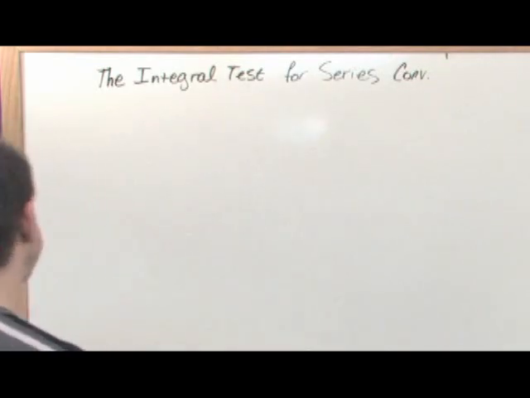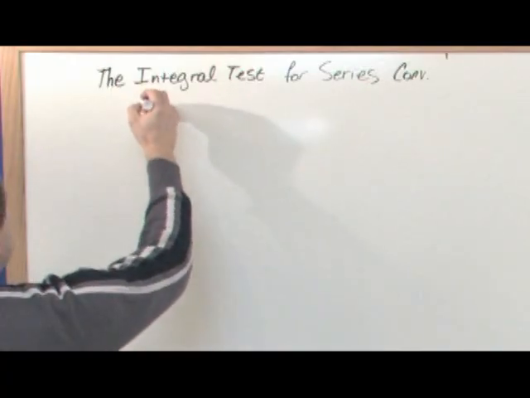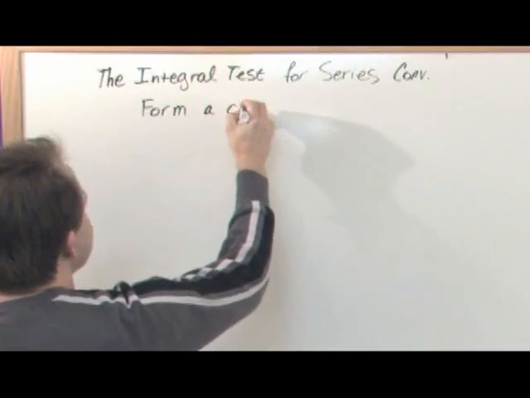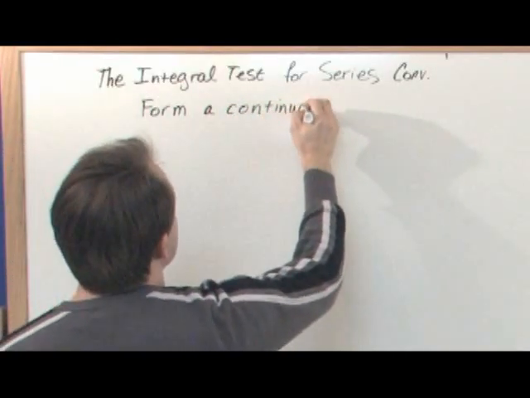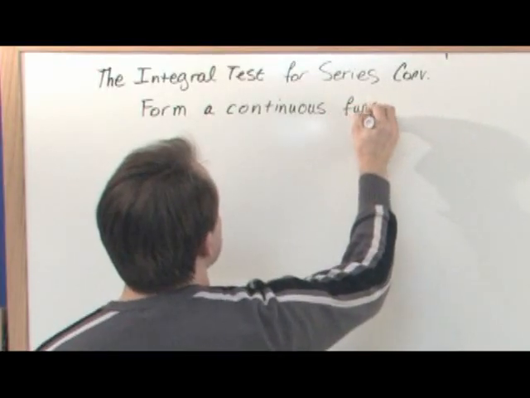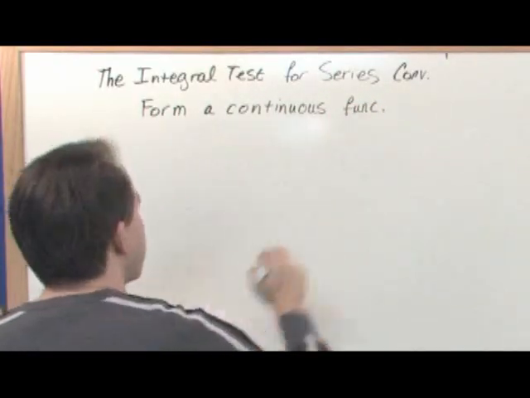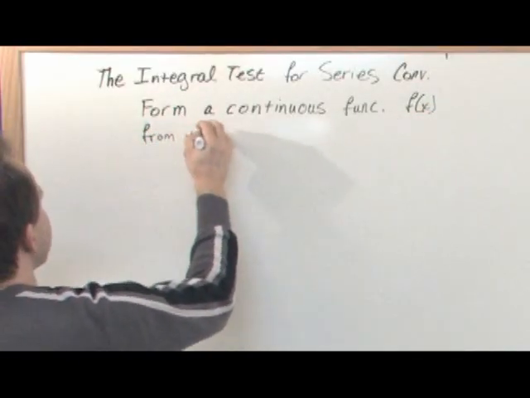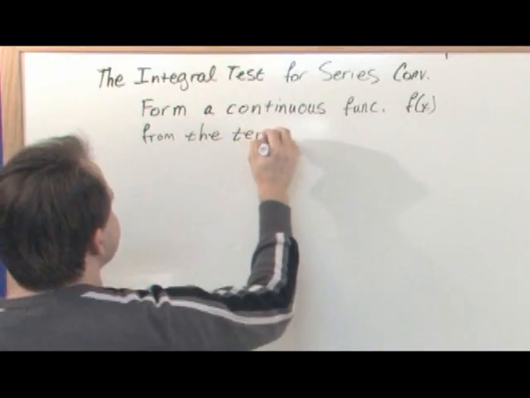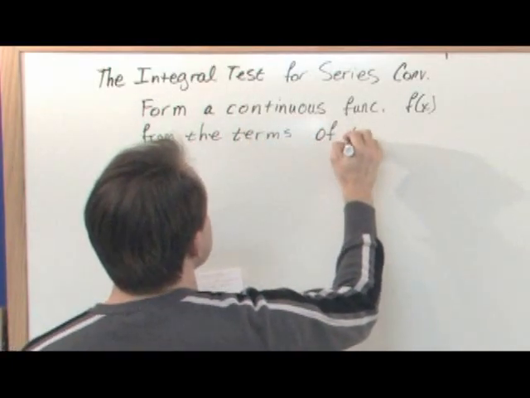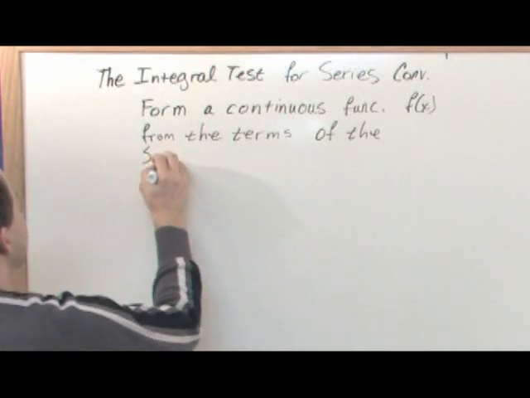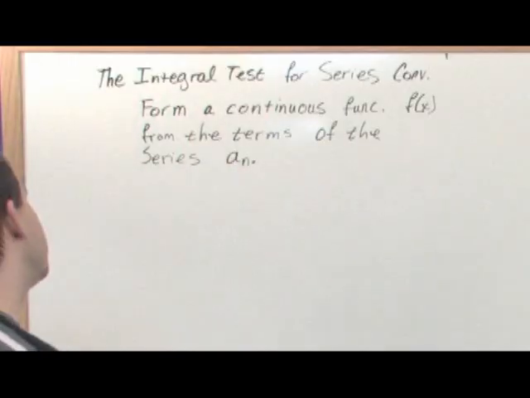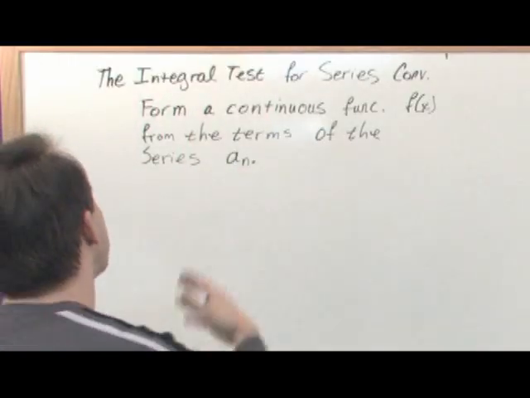Okay, so this is what you do. The first thing you do is form, there's a lot of words here, but it's really not that bad: form a continuous function, FUNC is function, f of x, from the terms of the series a sub n. Okay, so we have elements of a series that we're adding up, and we're going to form a continuous function.